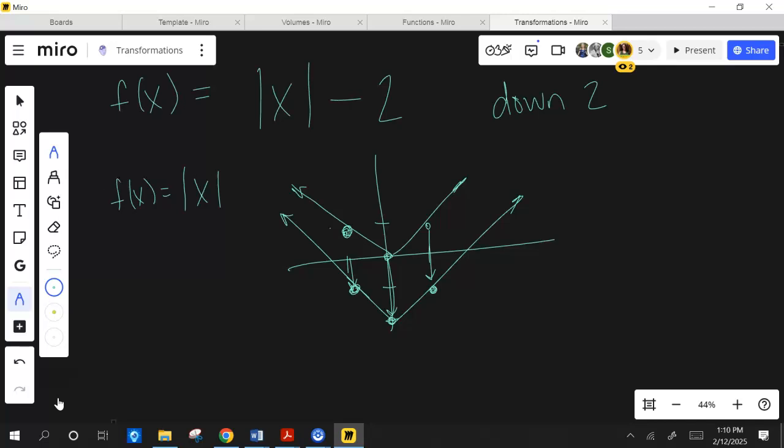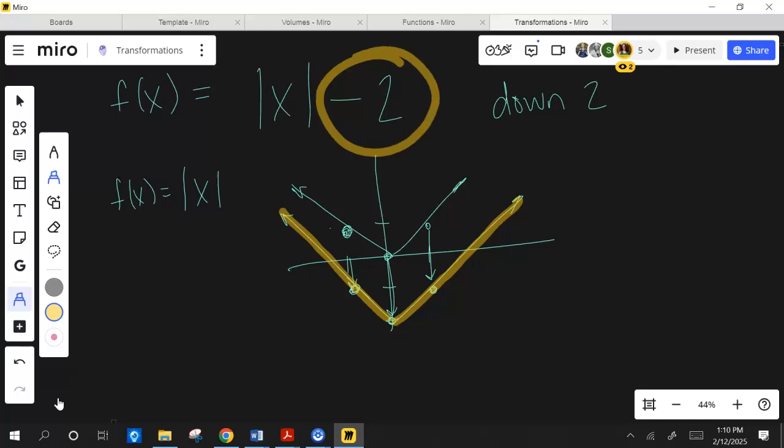All right, so look. Looking at my new graph, my transformed graph, it's been transformed by a translation. Does everyone hear the vocabulary that I'm using here?